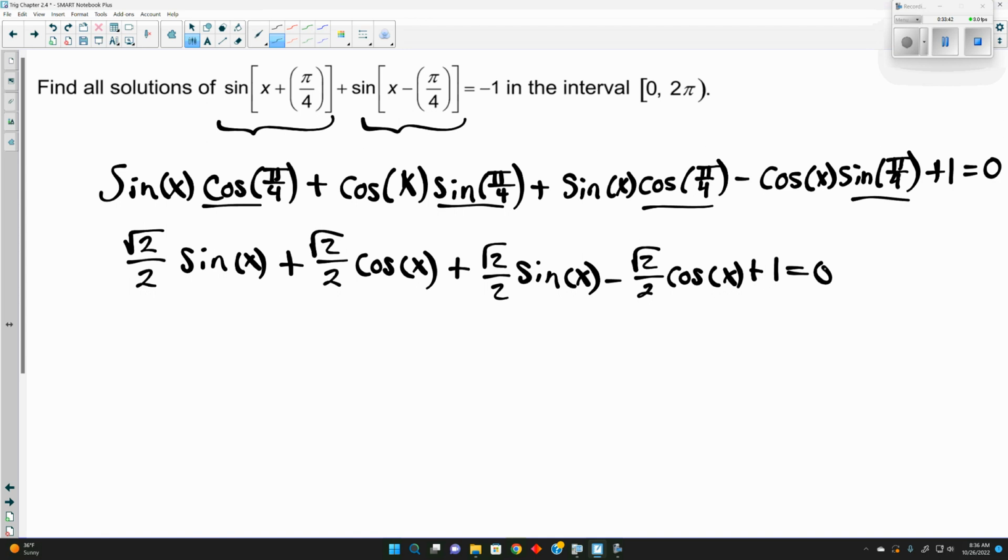Well, that's nice and all, but now we have sine and cosine. We don't have any that are squared, so it's kind of unfortunate because we can't use Pythagorean identities. But there is something nice.